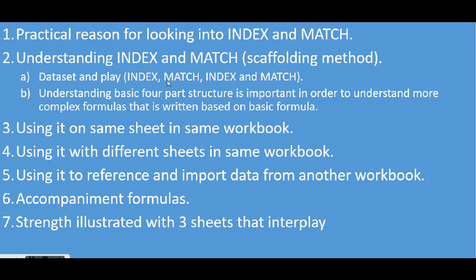Understanding the index and match function is not so easy. If you look at some videos on YouTube, some of them are, to say the least, confusing, and we have to mend that. So the way we do it is we follow a method in education called scaffolding.